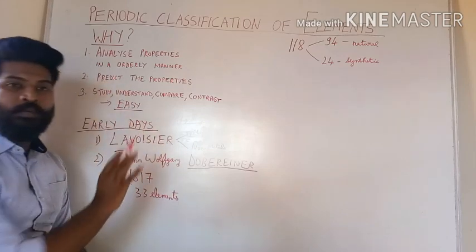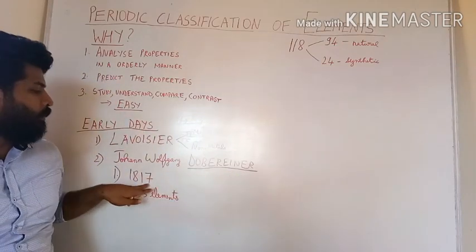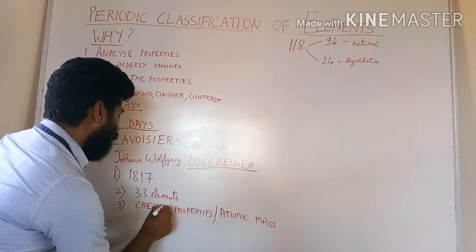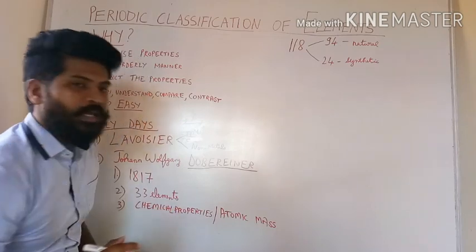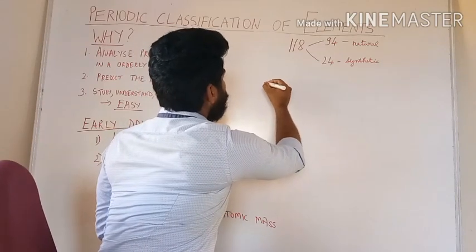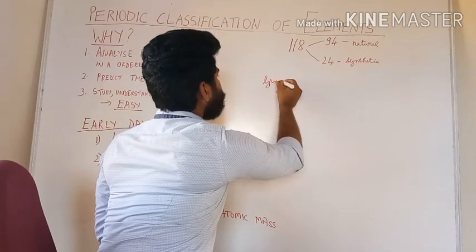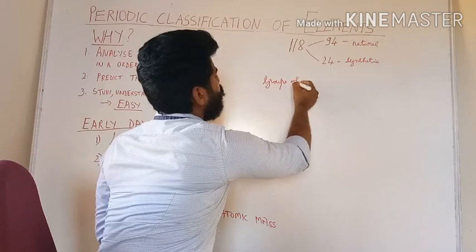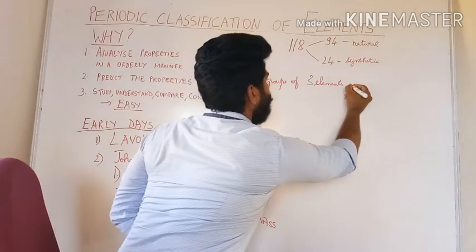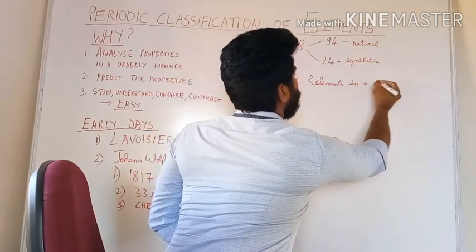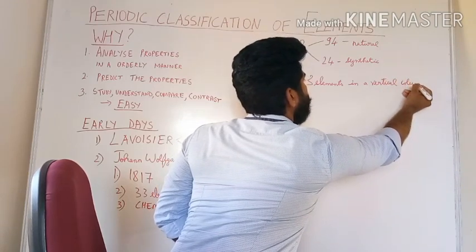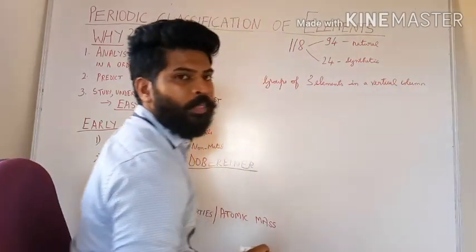33 elements were known during Dobereiner's period, as well as chemical properties and atomic mass. And then he arranged the elements into groups of threes, into groups of 3 elements each in a vertical column.